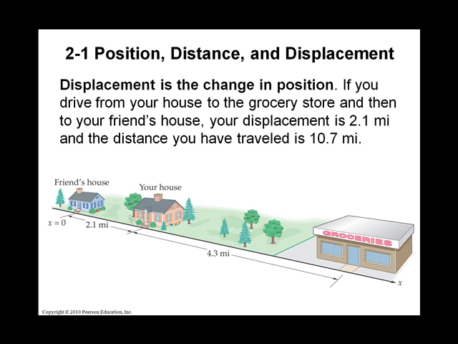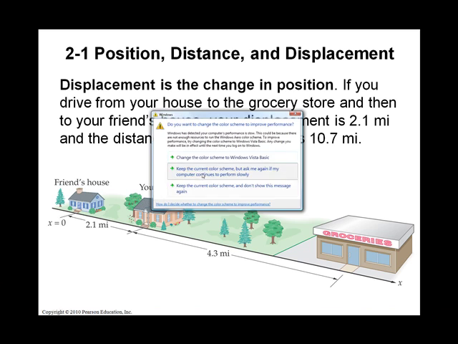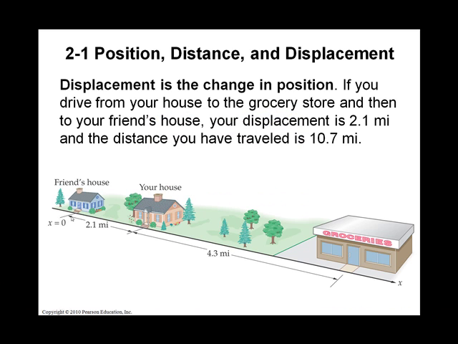Displacement, though, is different. It's your change in position. If you drove from your house to the grocery store, so you went 4.3 miles in the direction of the grocery store, and then you turned and you went all the way to your friend's house, you traveled backwards 4.3 miles as you passed your house, and then you continued traveling even further, and you ended up 2.1 miles behind your house.